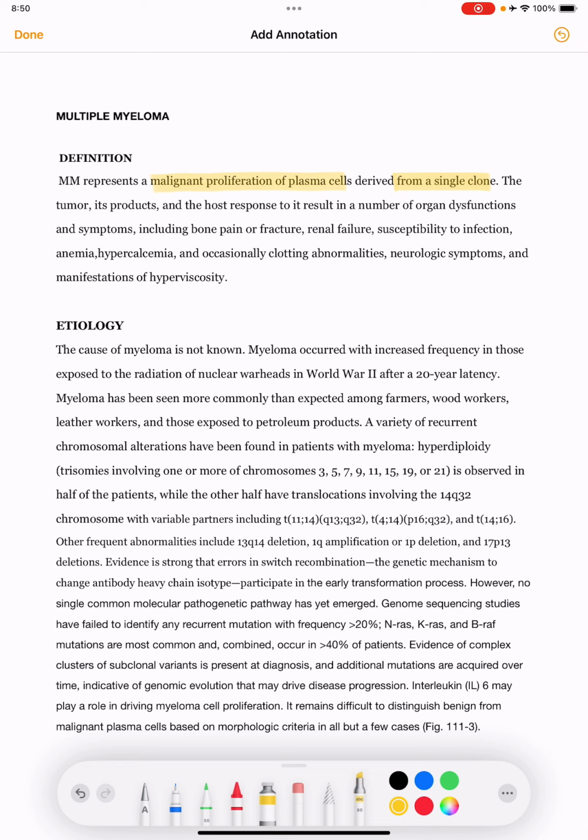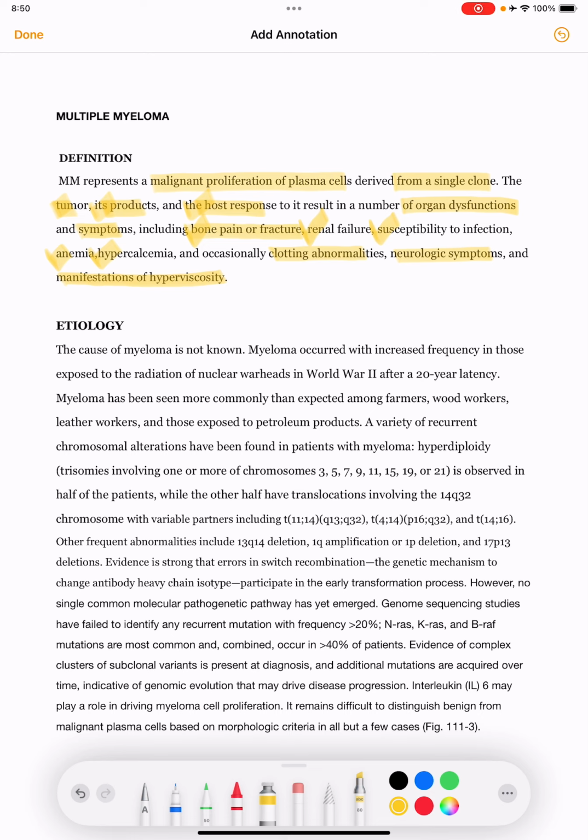The tumor, its products, and the host response to it result in a number of organ dysfunctions and symptoms, including bone pain or fracture, renal failure, susceptibility to infection, anemia, hypercalcemia, occasionally clotting abnormalities, neurologic symptoms, and manifestations of hyperviscosity.